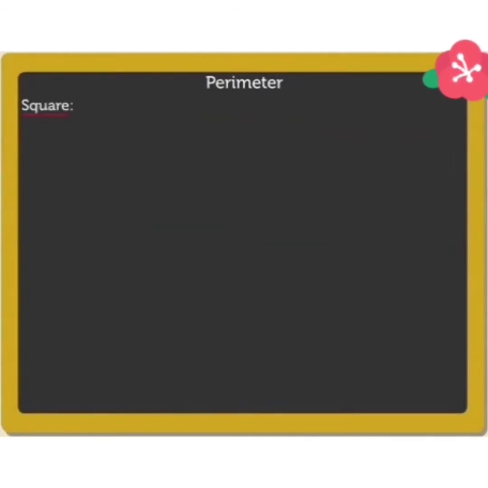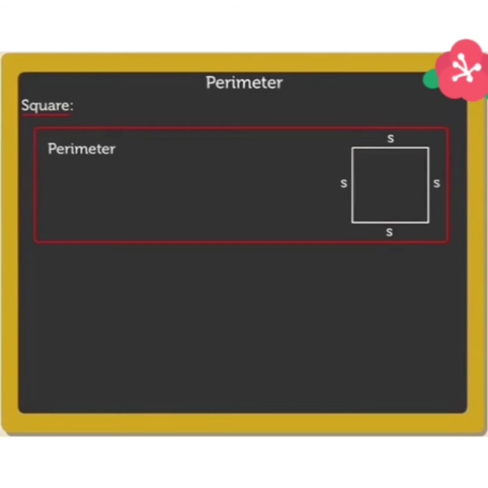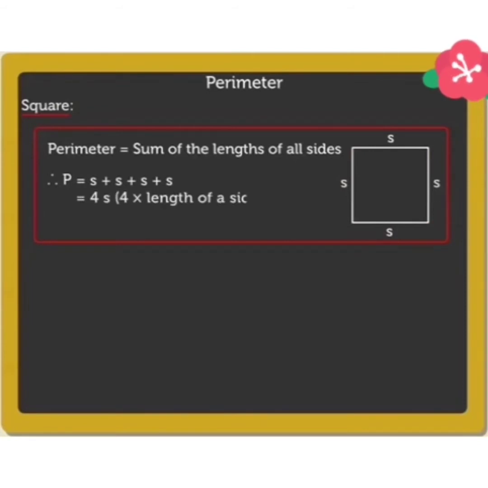Finally, let's look at the perimeter of a square. We know that the lengths of the 4 sides of a square are the same. Thus, perimeter of a square is equal to sum of the lengths of all sides. Therefore, perimeter of a square is equal to side plus side plus side plus side, which is equal to 4 times the length of a side.